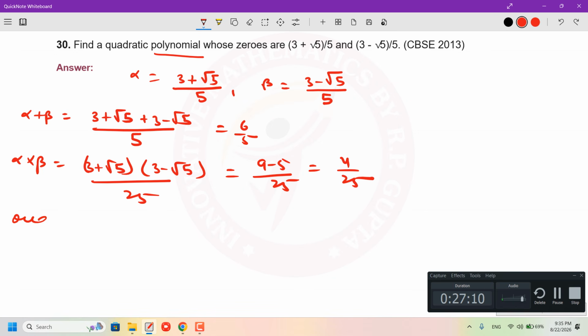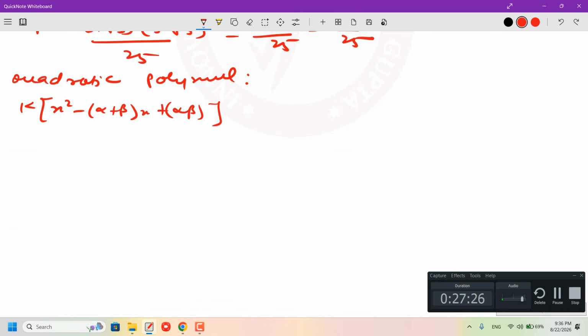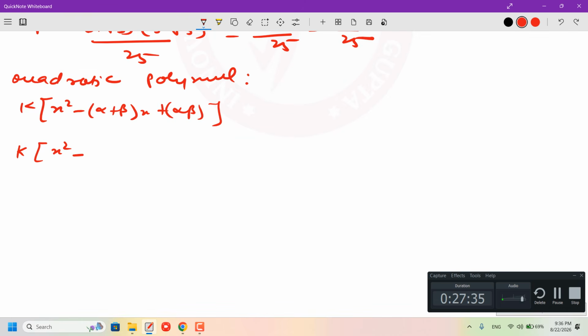Now the quadratic polynomial is k times x square minus sum of zeros x plus product of zeros. So it's k x square minus 6 upon 5 x plus 4 upon 25.